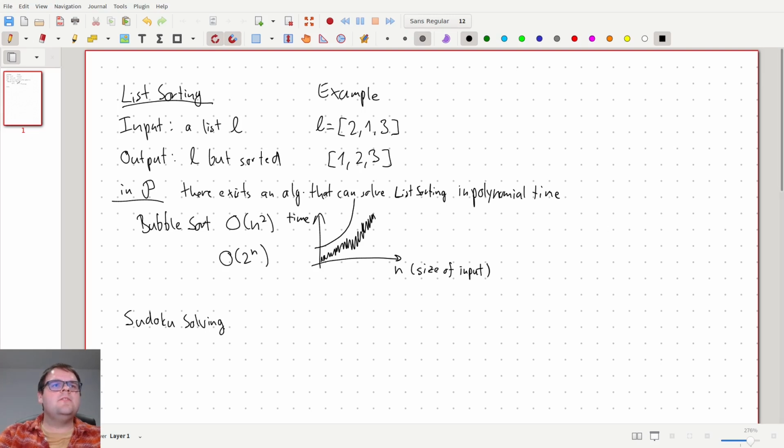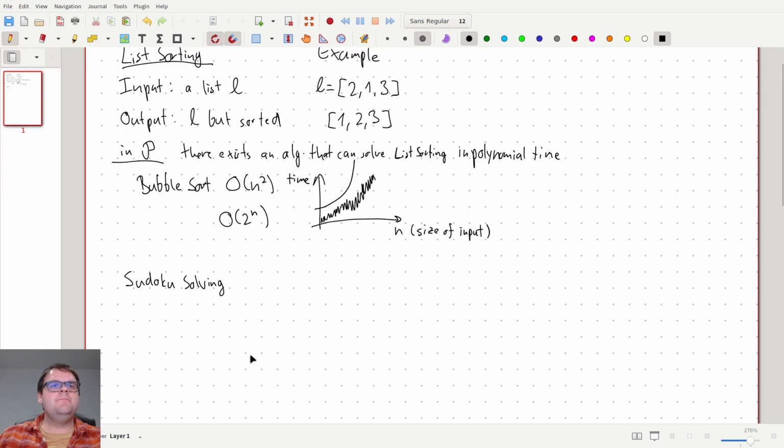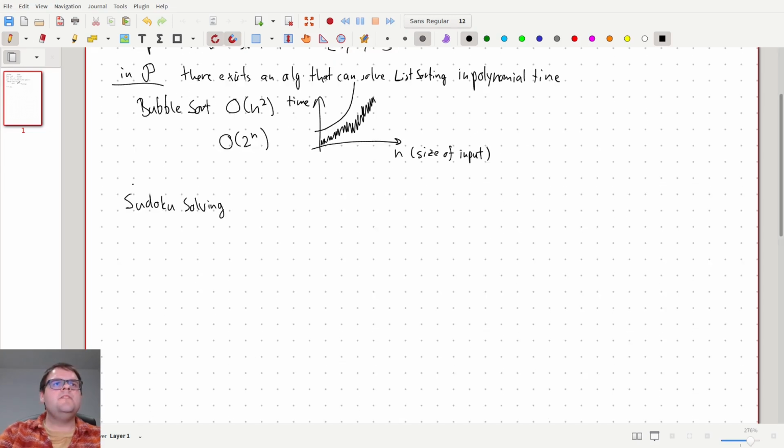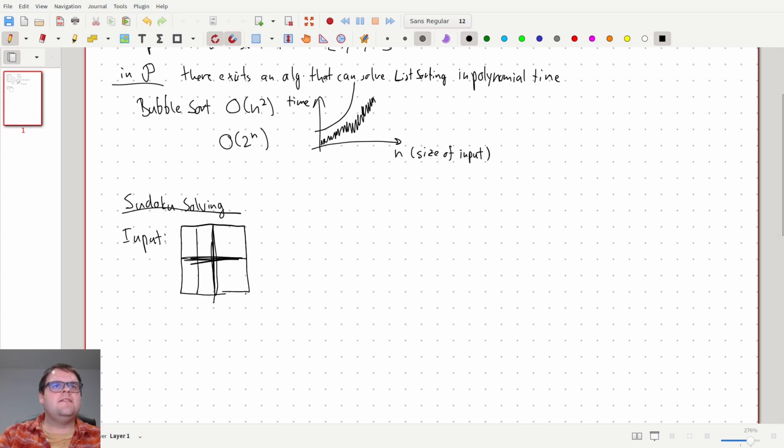So if you don't know, Sudoku is a kind of puzzle. The idea is you have a grid. To simplify it a bit, let's do a 4x4 grid, like this one. It's divided into 4 boxes, and each box contains 4 smaller boxes, and then you fill them up with numbers.